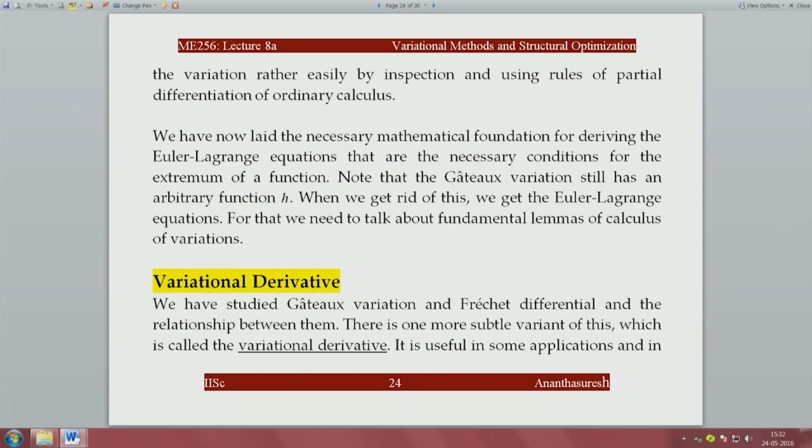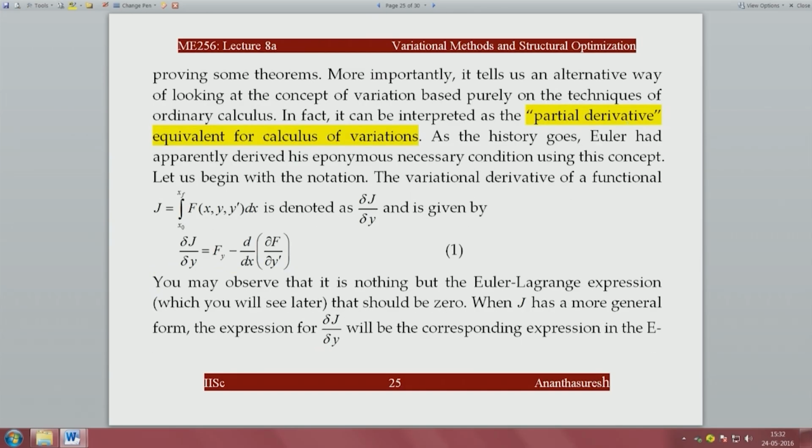Now, there is one more concept called the variational derivative, which is also useful to discuss, and right now you take it for granted. Later we will see how this comes about. δJ/δy is called the variational derivative. It is the equivalent of the partial derivative for calculus of variations.